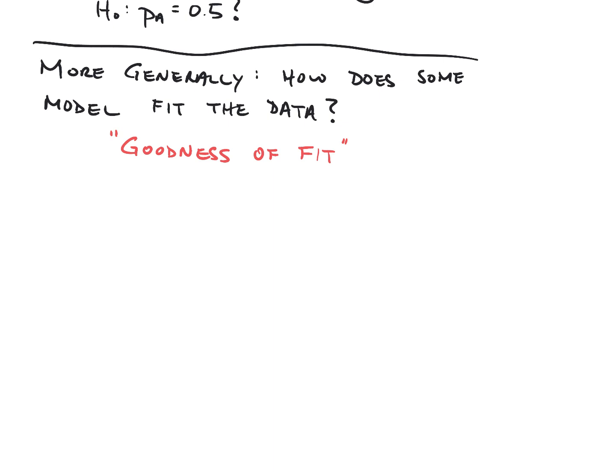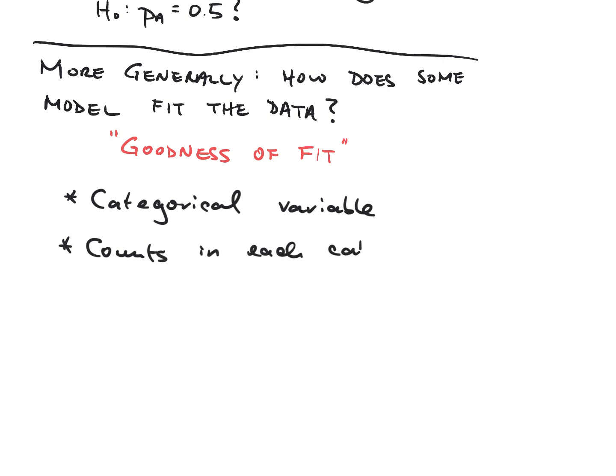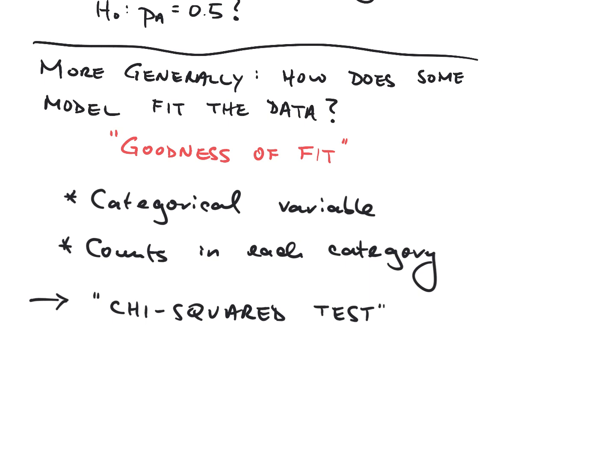If we are working with categorical data, a categorical variable, and we have the counts in each category, those are the two requirements for what is called the chi-squared goodness of fit test.